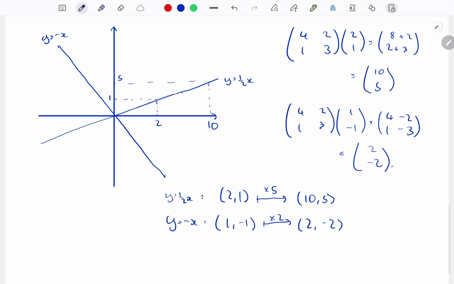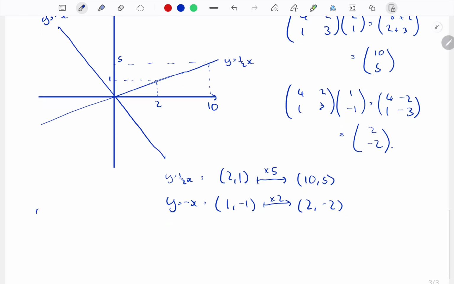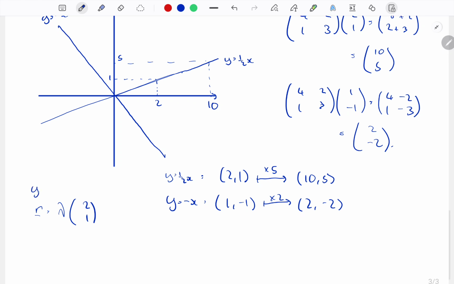The graph y equals 1/2 x, we can represent it using vectors. r is equal to lambda lots of (2, 1). And y equals minus x, r is equal to mu (1, -1).